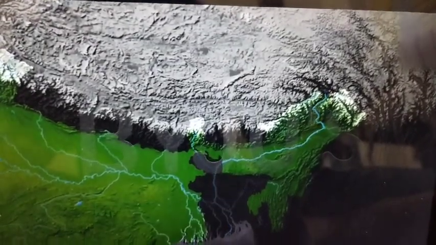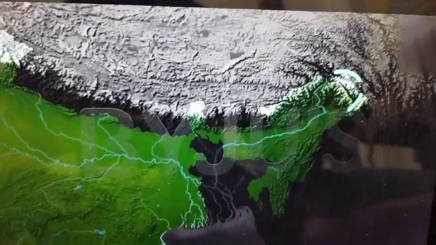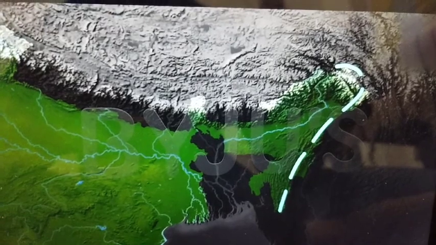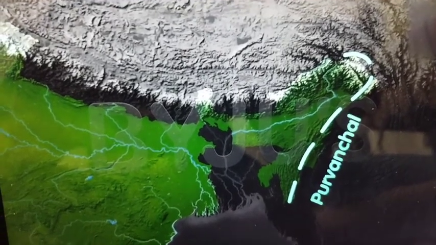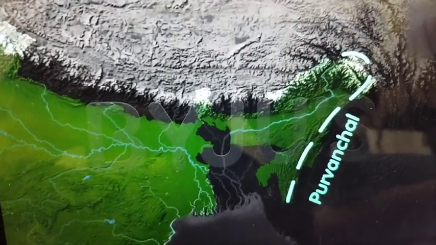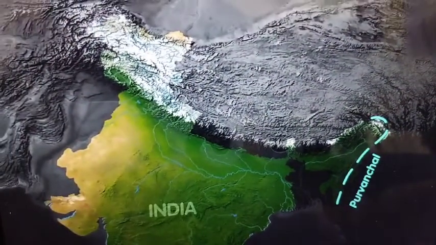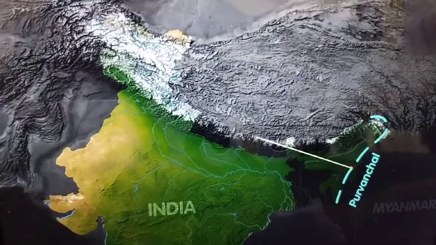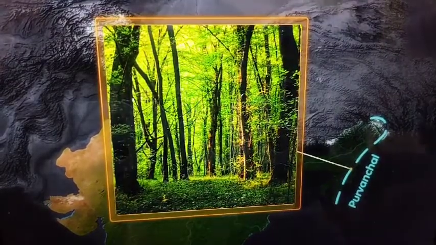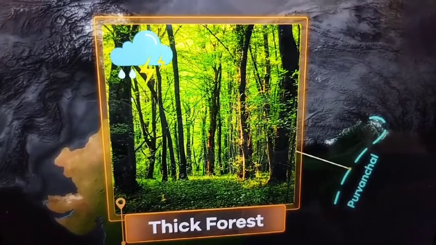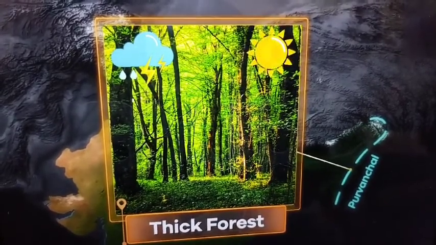The Himalayan ranges beyond the Dihang Gorge bend sharply towards the south, and these ranges are called the Purvanchal or Eastern Hills and Mountains. They form a sort of boundary between India and Myanmar. The mountains here are covered with thick, dense forest, due to heavy rainfall and a relatively warmer climate.